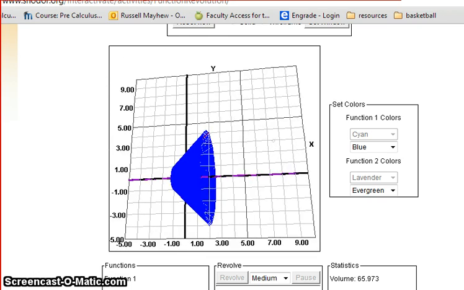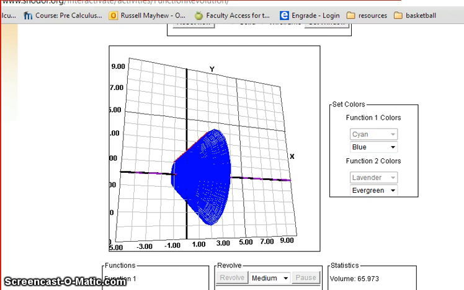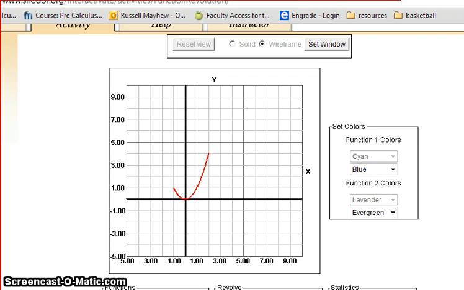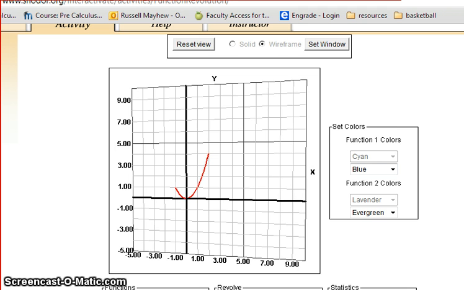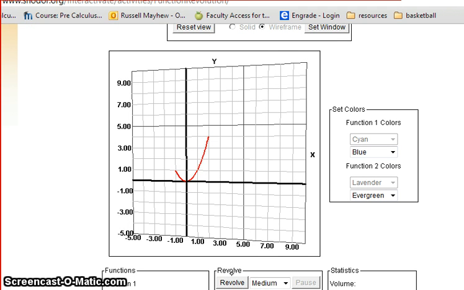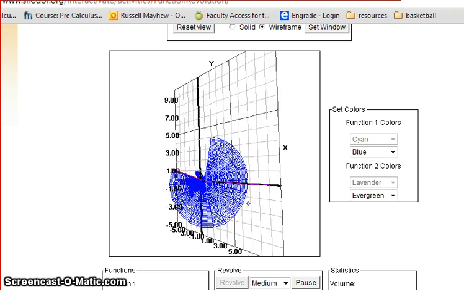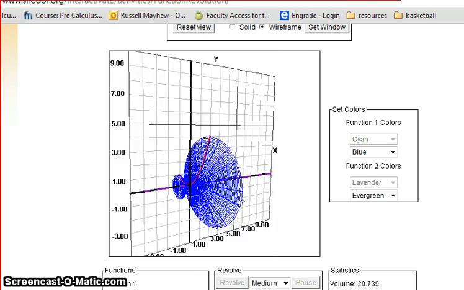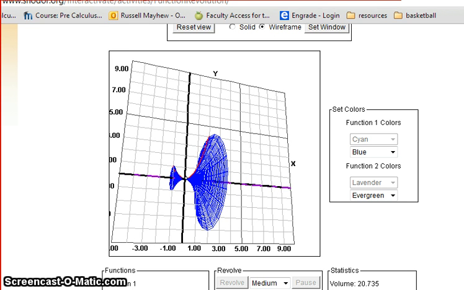The inside, though, is going to be a little strange looking. This is going to be the hollow part of the inside of the graph. And if we revolve this thing, we get this strange looking shape. It's very skinny in the middle here, because at that point along the x-axis, it actually touches the x-axis, so it has no width right here.